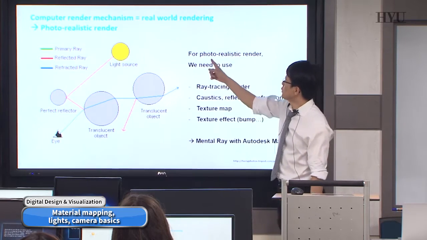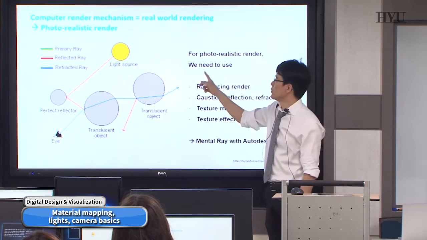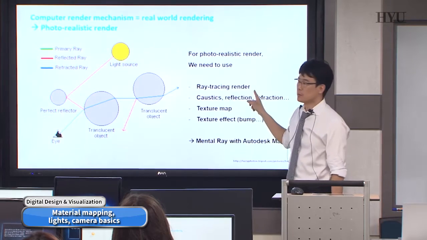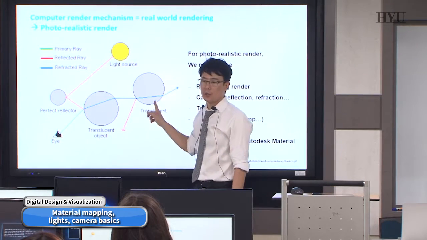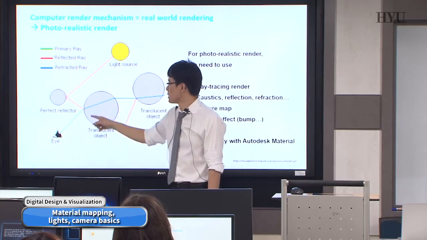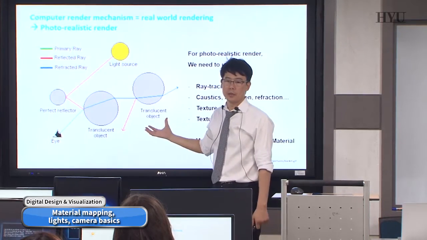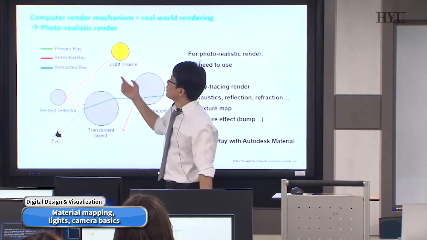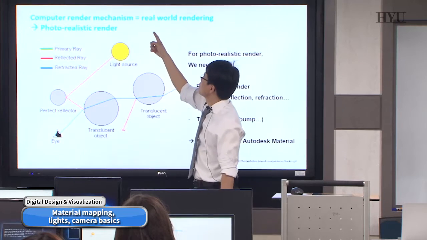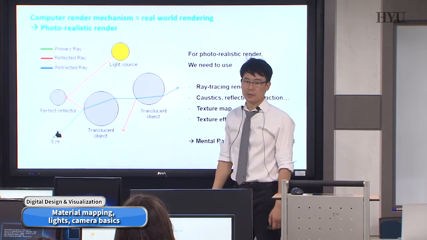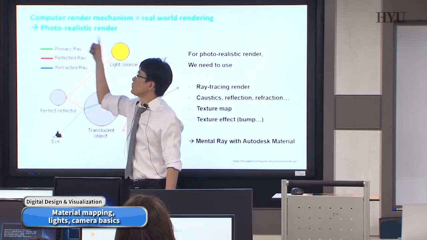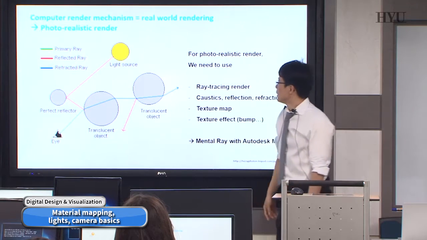Anyway, for photorealistic render, we need to use ray tracing render. This is ray tracing, okay? Only one single ray has this kind of complicated interaction. The computer render mechanism is equal to the real-world rendering mechanism. That is why we can get photorealistic render, okay?